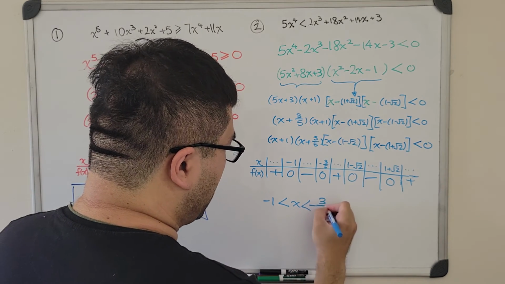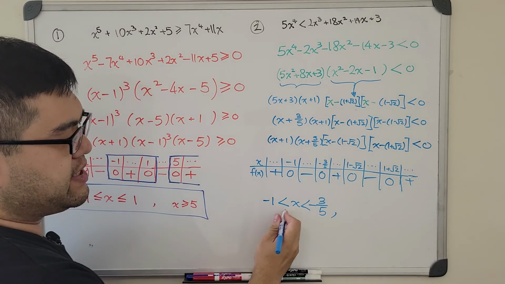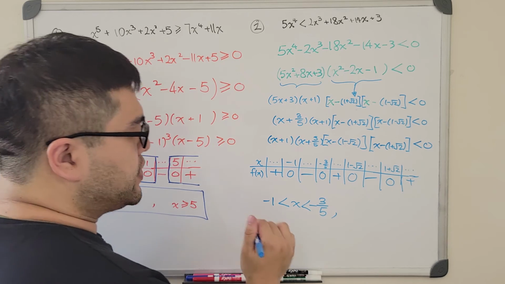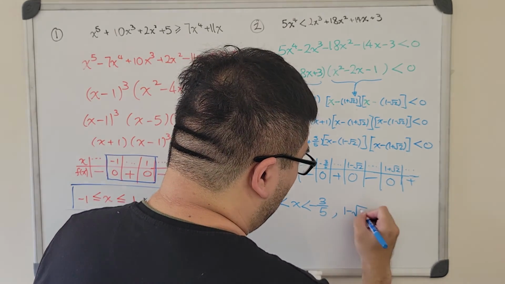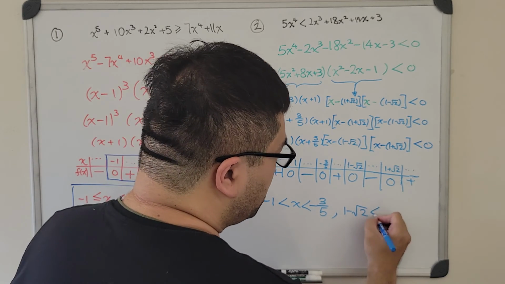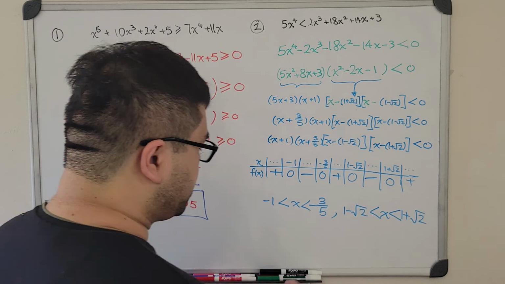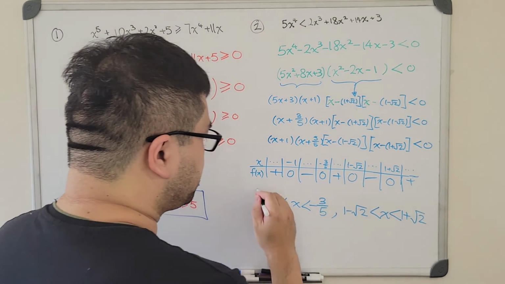So we actually will end up with negative 1 is less than x, which is less than negative 3/5, and then union with 1 minus radical 2, which is less than x, less than 1 plus radical 2, and that's it.